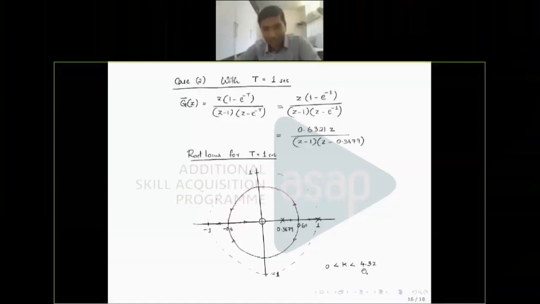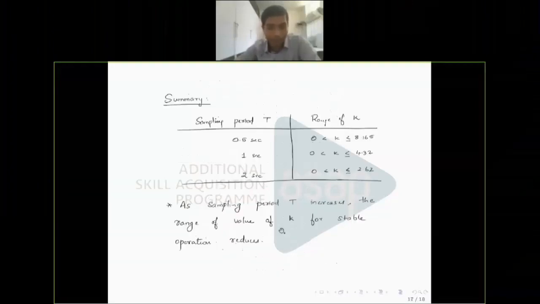So you can plot the root locus and see how the gain k varies. As a summary, as the sampling period increases, the range of values of k for which you can design a stable closed loop system reduces. That is obvious, right? If the sampling period is less, you will have a larger range of k for which the system is stable.